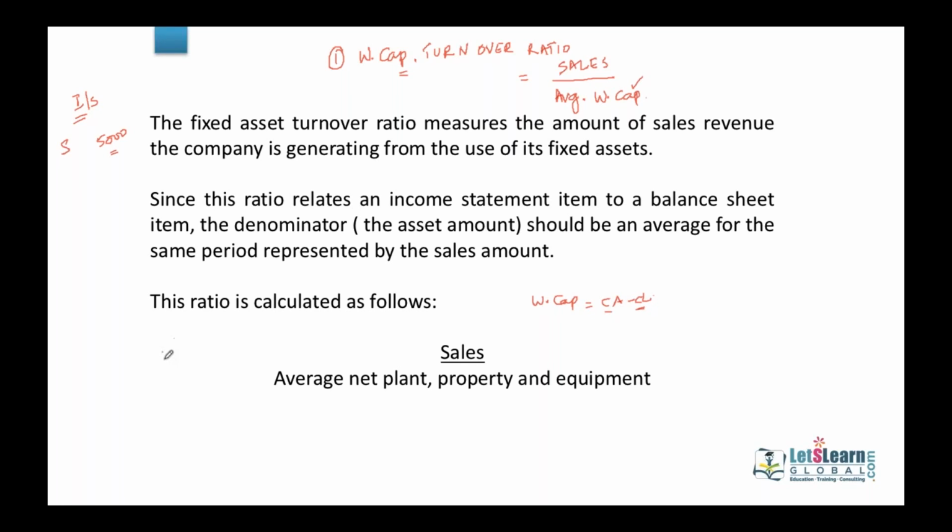Say for example, on the balance sheet, we have current assets, current liabilities, current year, last year.